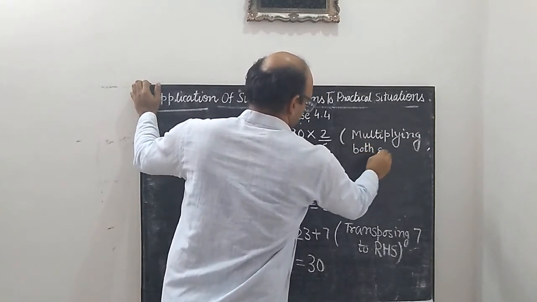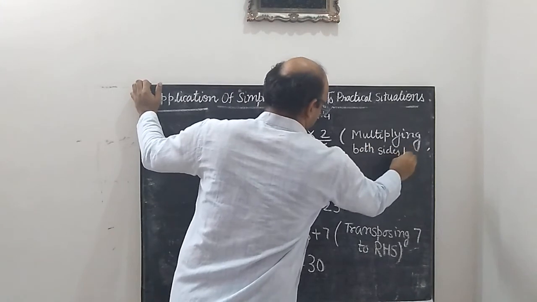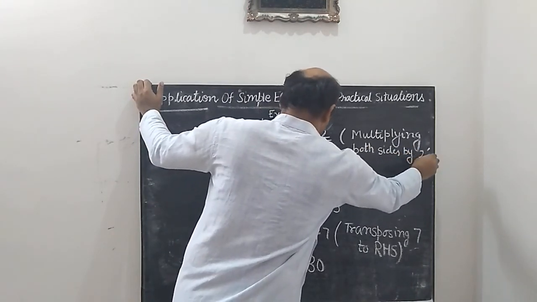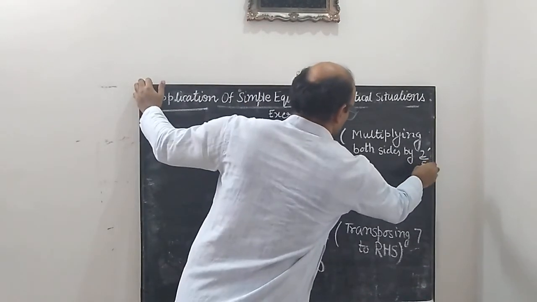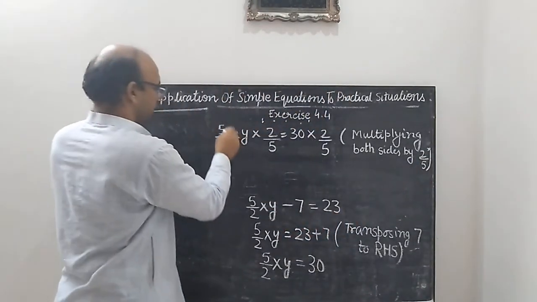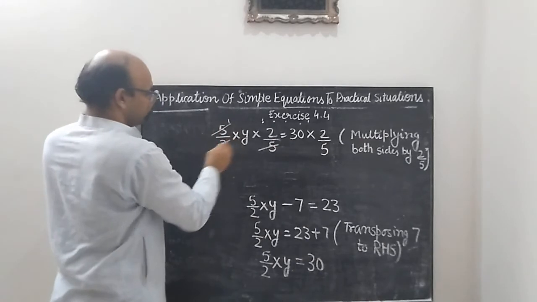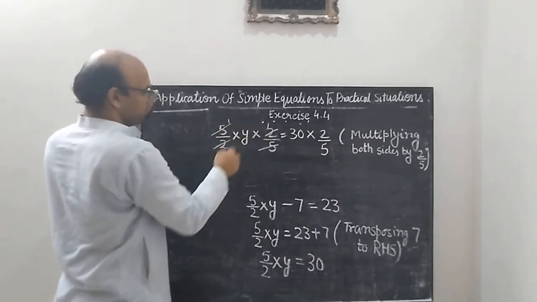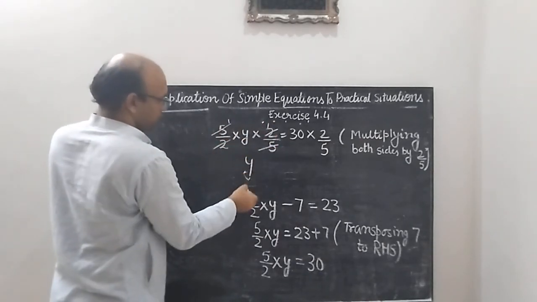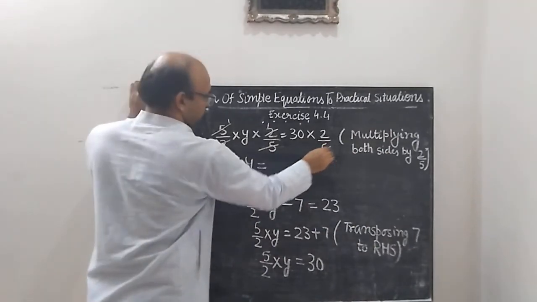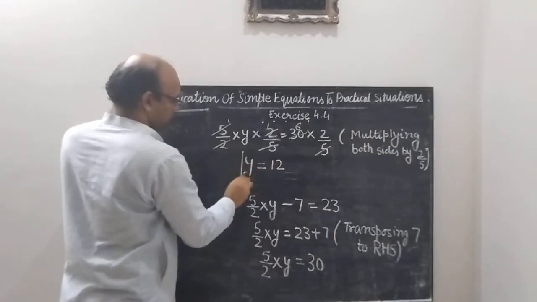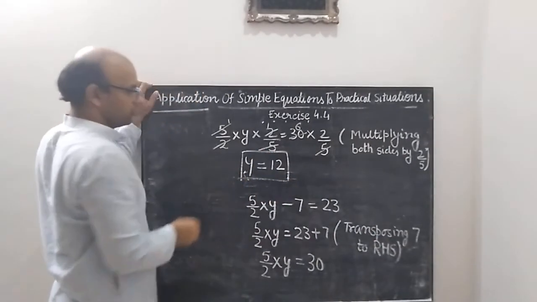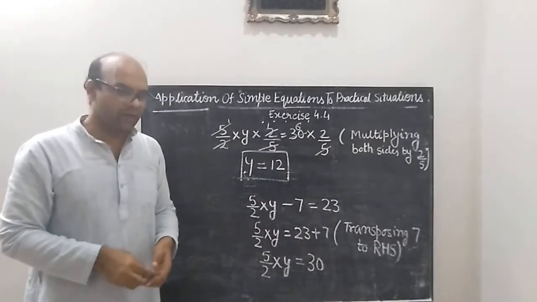So 5 and 5 cancel out, 2 and 2 cancel out. So y is equal to 5 sixes, and 6 times 2 is 12. So the required number is 12.